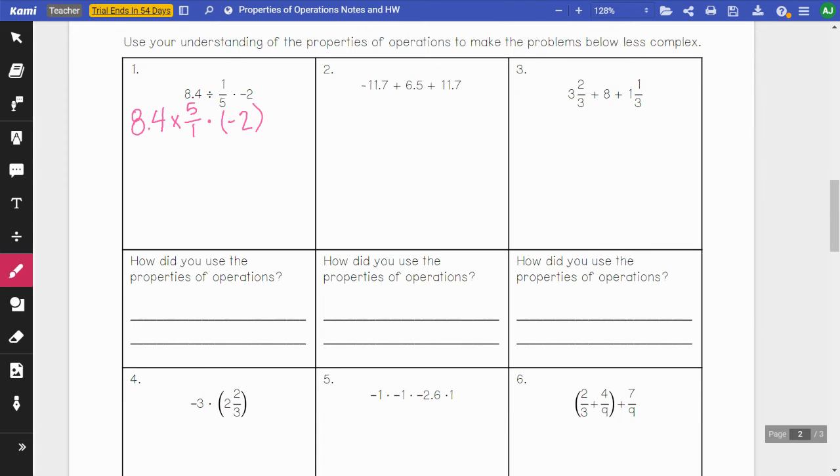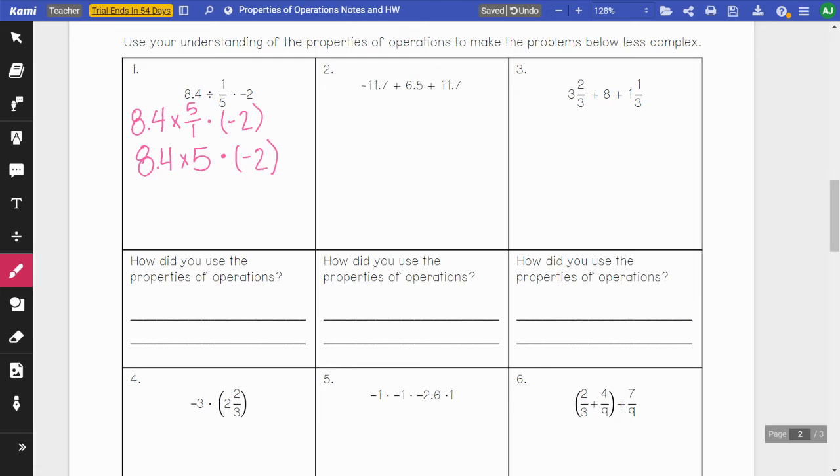8 4/10. I'm going to change it to multiplication, and I am going to flip to 5/1 times negative 2. We do know that 5/1 is the same thing as 5, so not only have I changed the division to multiplication, but I've also gotten rid of my fraction and changed it to a whole number.